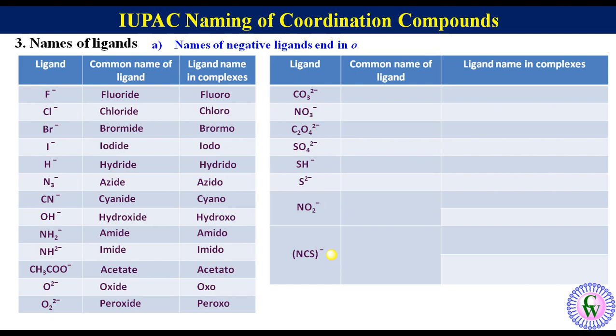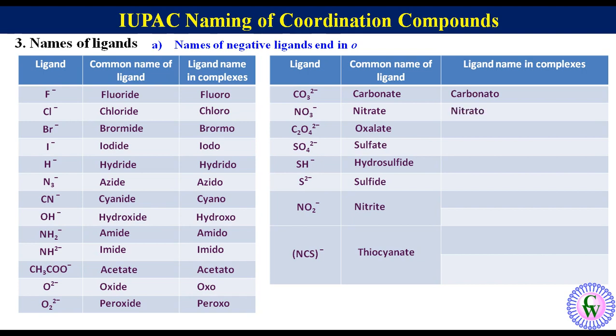These are commonly called carbonate, nitrate, oxalate, sulfate, hydrosulfide, sulfide, nitrite and thiocyanate. In complexes, these are respectively known as carbonato, nitrato, oxalato, sulfato, mercapto and thio.